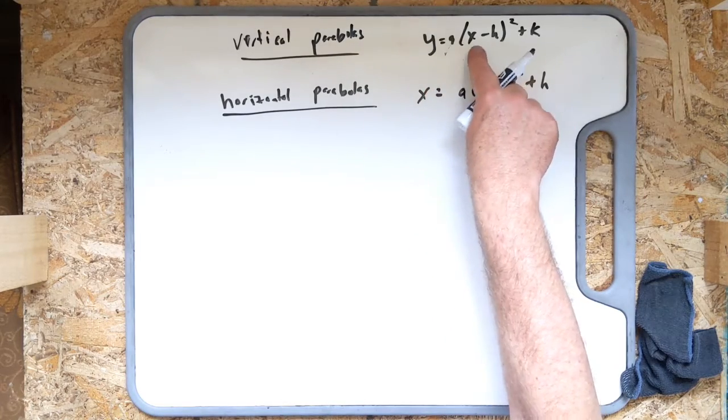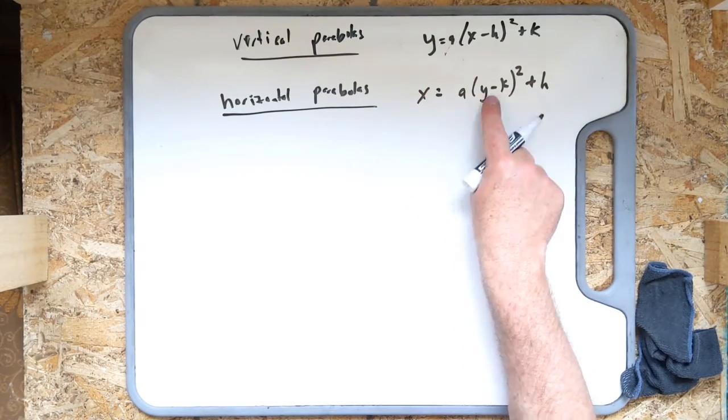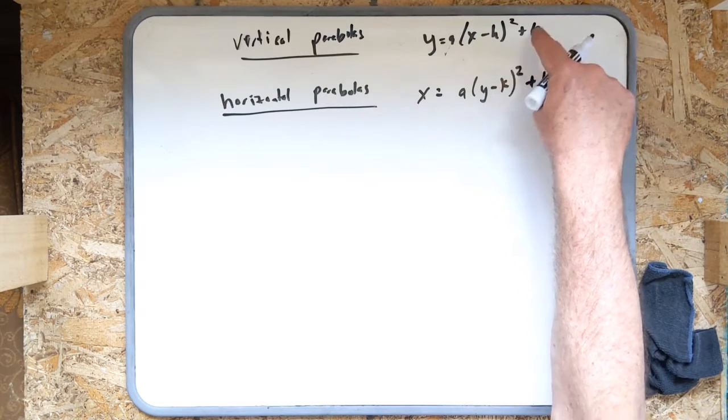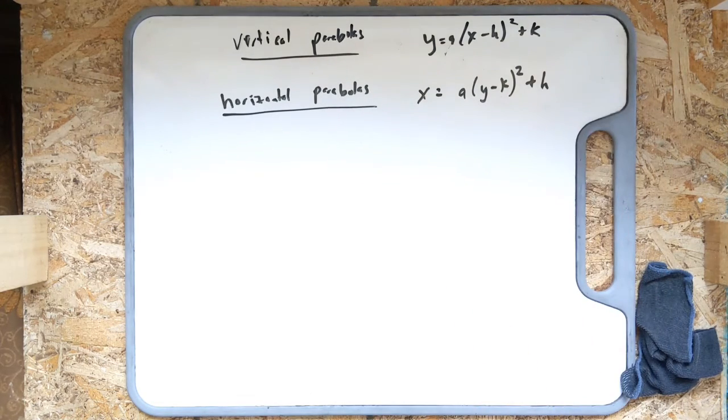You flip the h where the k was, and the k where the h was. So you just basically flip both the variables and the vertex locations. But you can see they're quite similar in form.